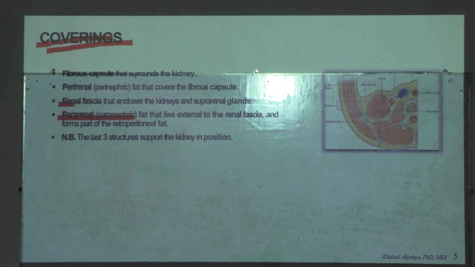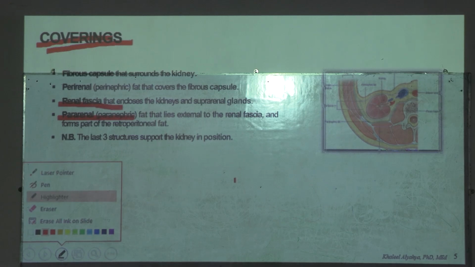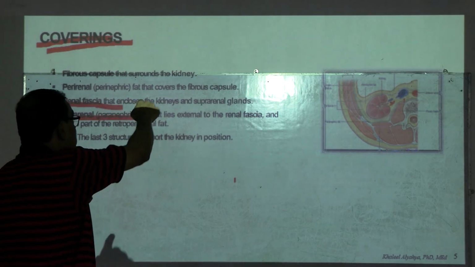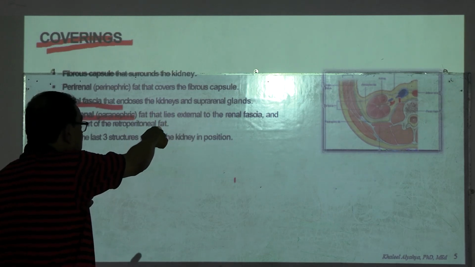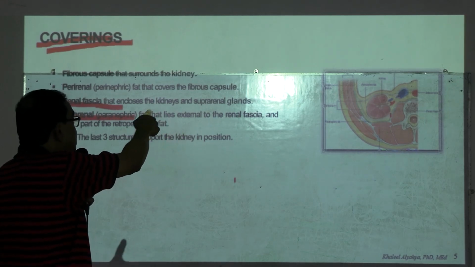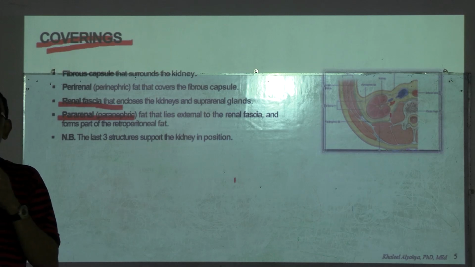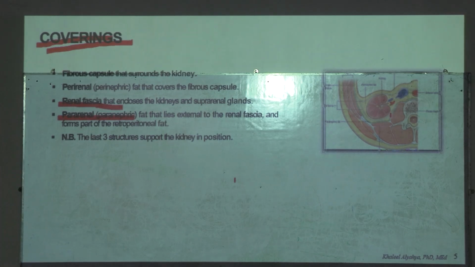Most inside one is the capsule. Then another layer where we are getting the fat, which is called perinephric fat. Then another covering which has an anterior part and a posterior part, which is called renal fascia.